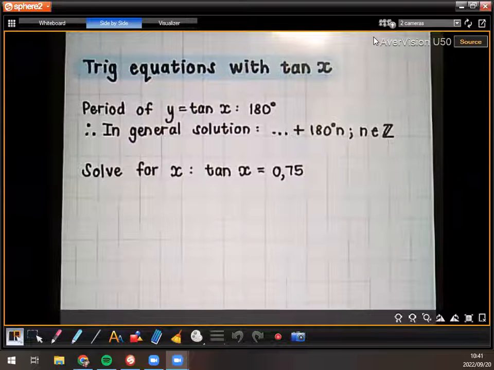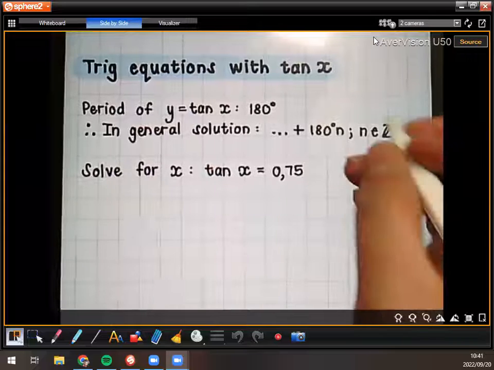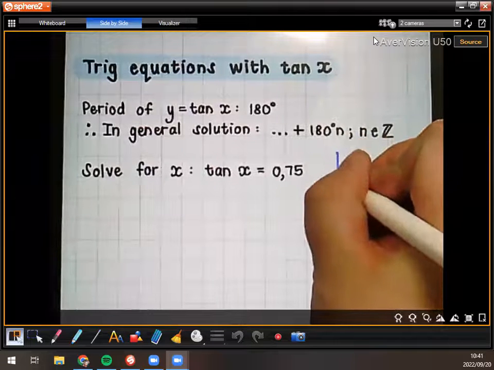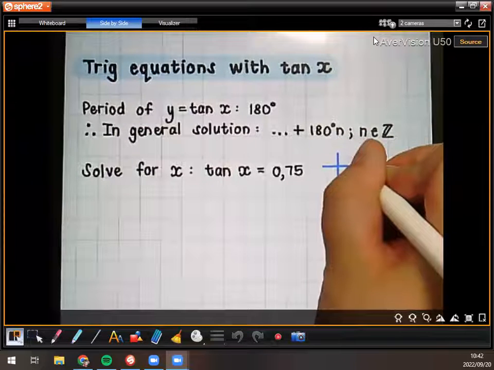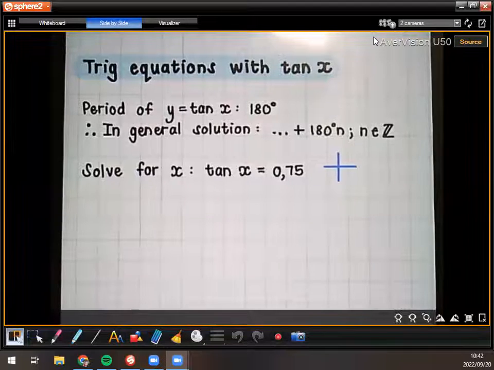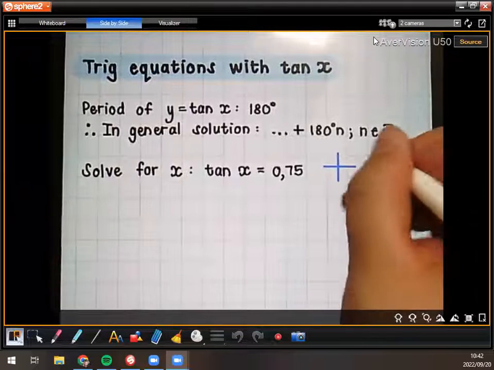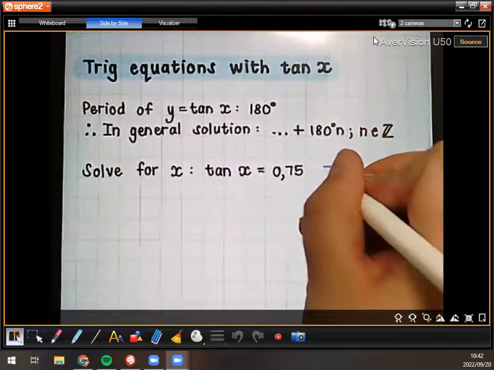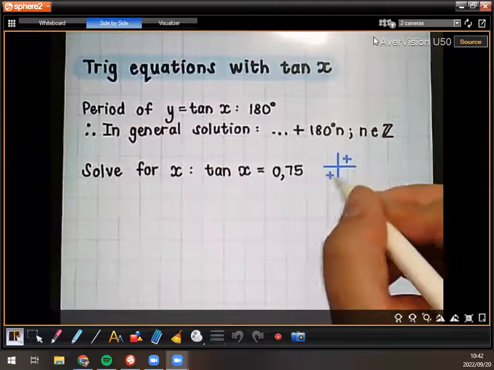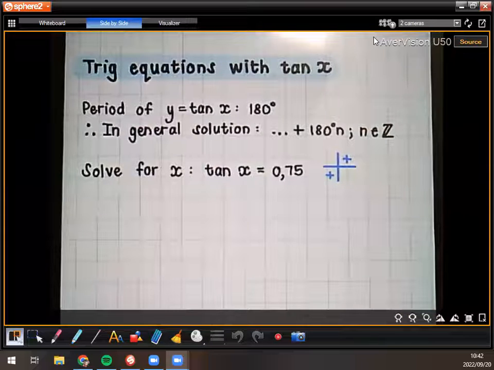Now, just like we had yesterday, same method. That is a positive number, tan is equal to a positive number, so you do the little Cartesian plane on the side. In which quadrant will tan be positive? 1 and 3. Remember, CAST says quadrant 1 and 3.